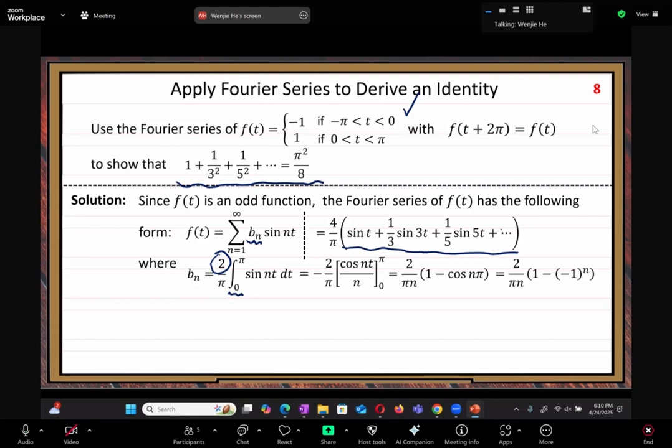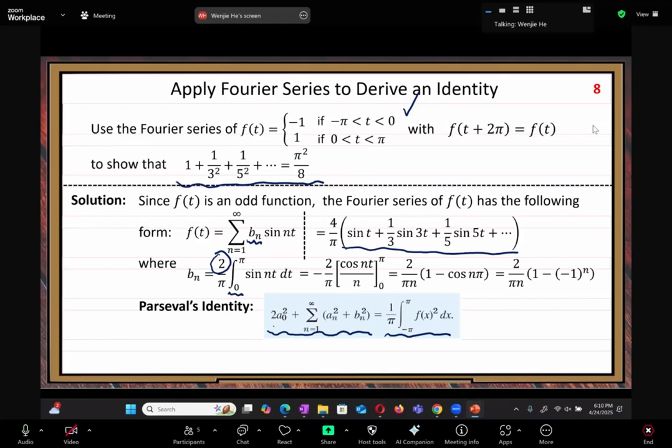Then the last step, you can apply Parseval's identity. Let's review it. This is Parseval's identity. On the right-hand side, the integral of f squared. On the left-hand side, the sum of the squares of all the coefficients, but for the zeroth coefficient, you need to multiply by 2.